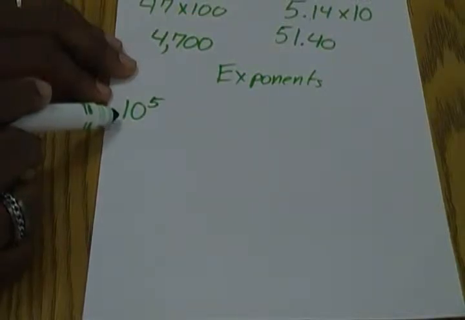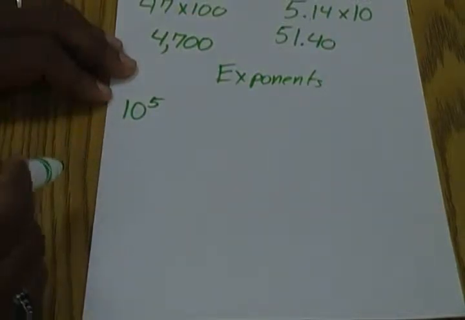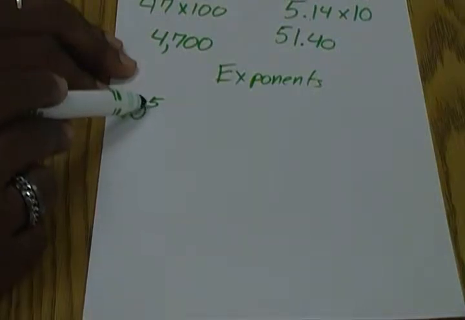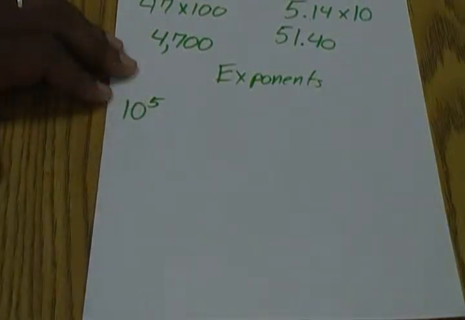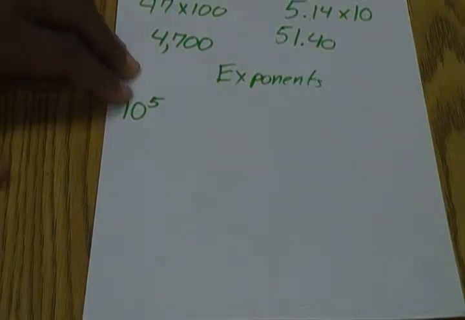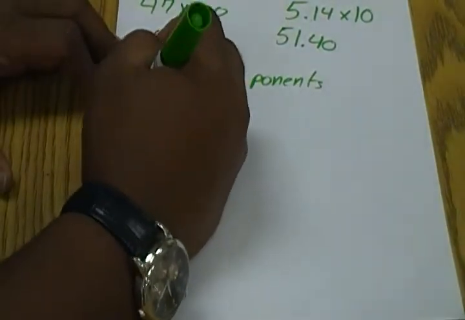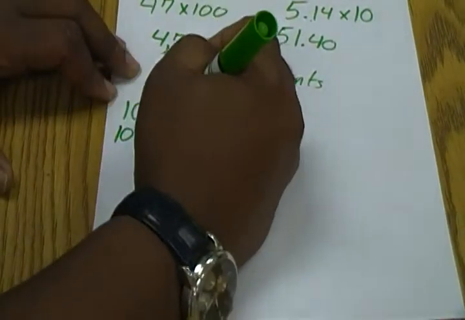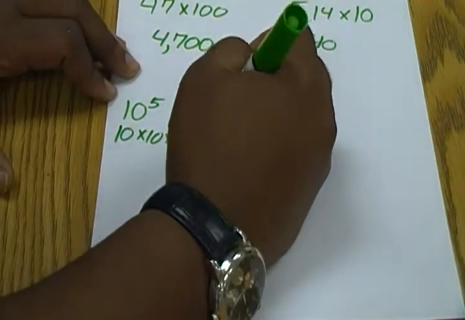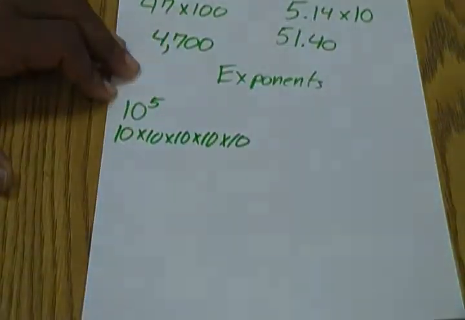This is the one that's going to be repeatedly multiplied. The exponent, which is the smaller number, tells you how many times you're going to repeat that number. So in this case, it's 10 to the power of 5, or sometimes you might hear the 5th power of 10. It means we're going to multiply 10 times 10 times 10 times 10 times 10.